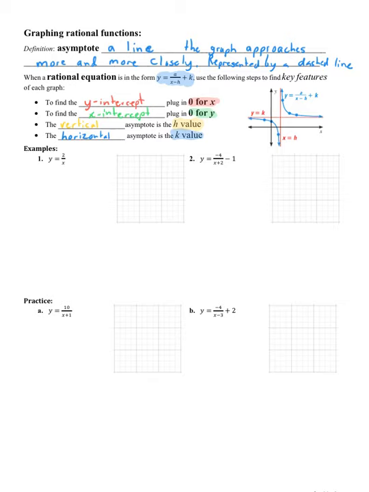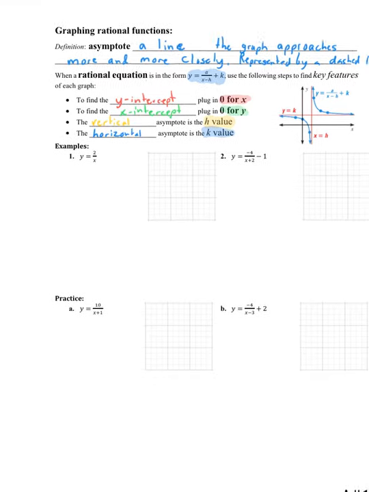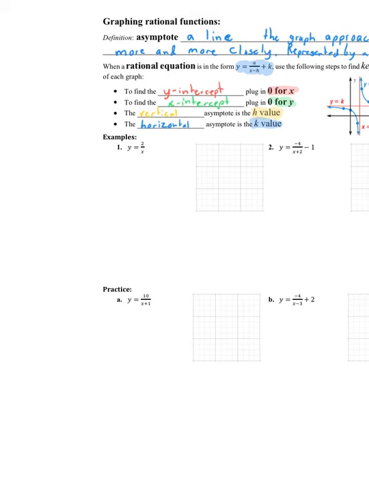So whenever we're doing these graphs, we want to look for 4 values specifically. The y-intercept is 1, so I'll write them down. The x-intercept, it's possible to have more than one x-intercept, but usually there's only one y-intercept.